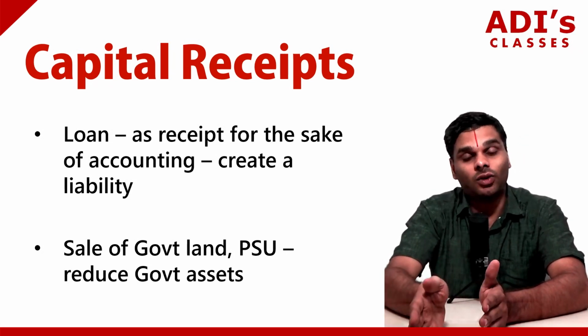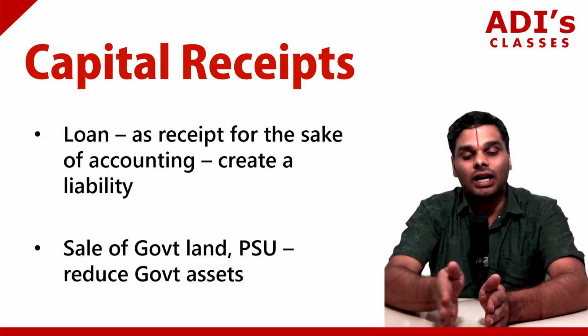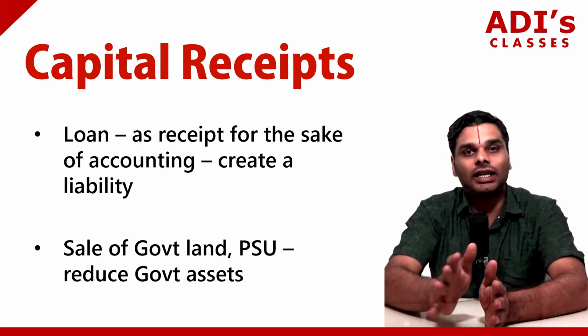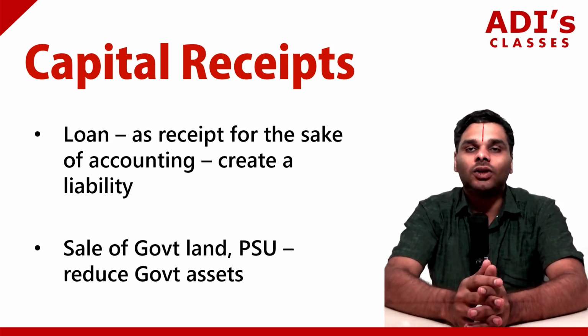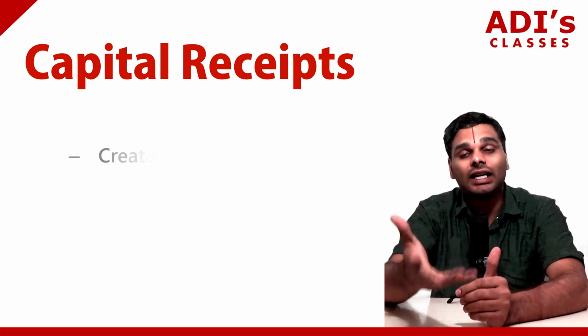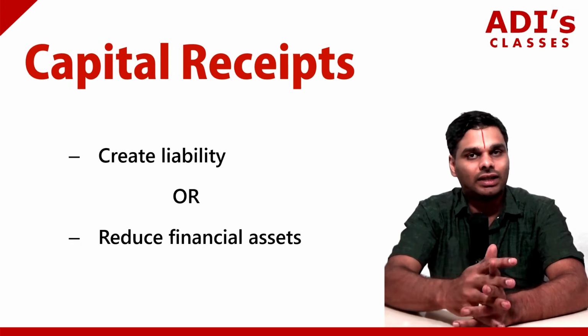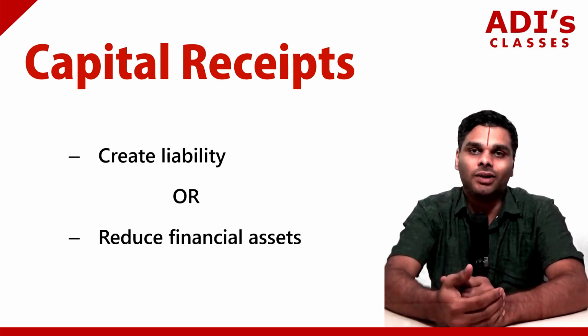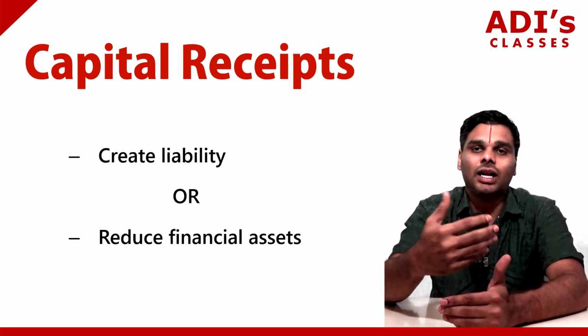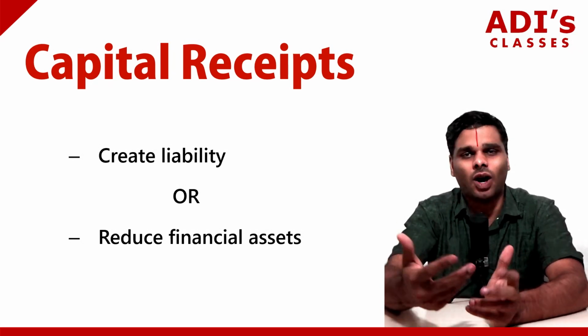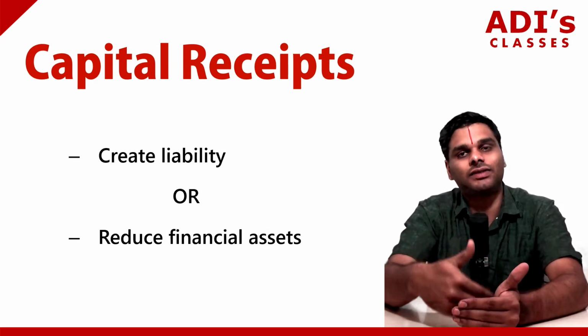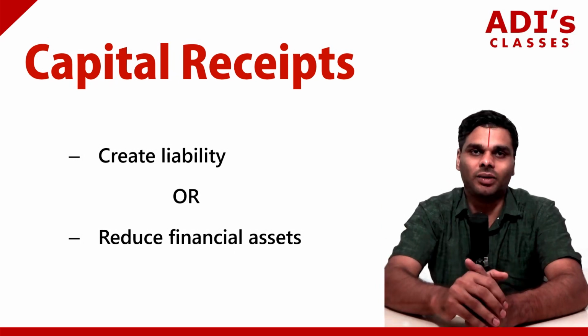But let's say you raise a loan, then what happens? If you take a loan, then you've created a liability. So all the receipts of the government which create liability or reduce financial assets are termed as capital receipts. When the government takes a loan, then it has to pay interest along with the principal. Similar to how we do it, right? If we take a loan, there is one principal component, there is one interest component.